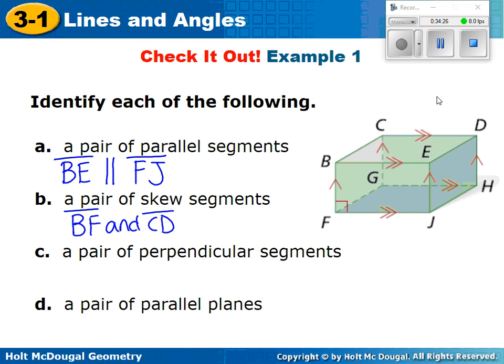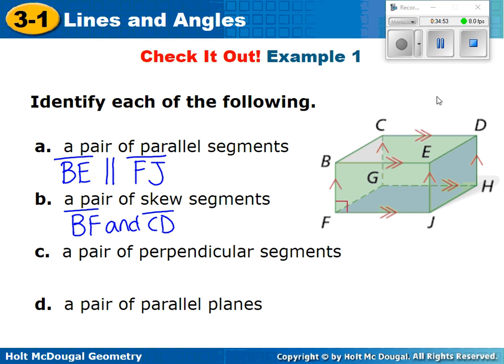Another pair of perpendicular segments, Haley. BF and FG, and that is true. Again, it's not actually marked though. If we're looking at BF and FG, the right angle would be actually back here going to this dotted line. Okay, so if you look at the little red angle mark, it's actually showing BF and FJ, right?